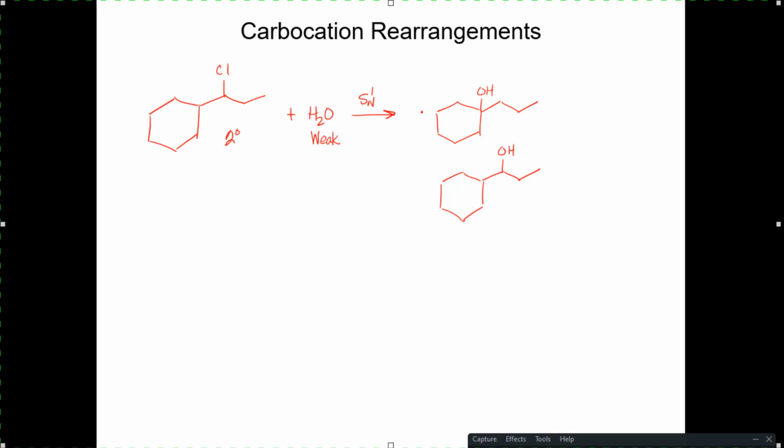So let's first write the mechanism for forming the product that we expect, and then we'll talk about how we get the mechanism for forming the product that we would not expect. So I'm going to take my secondary alkyl halide and I'm going to break the carbon-chlorine bond.